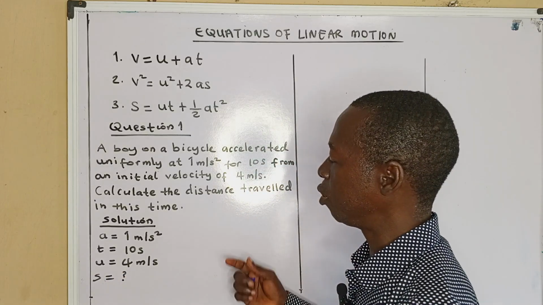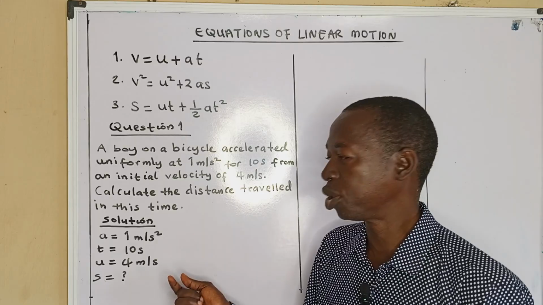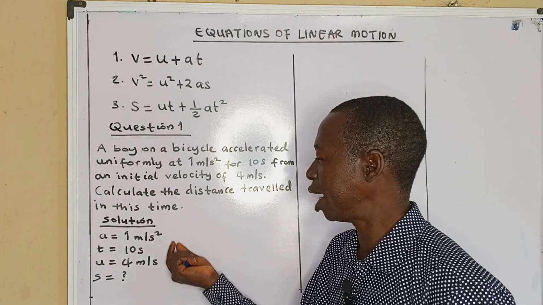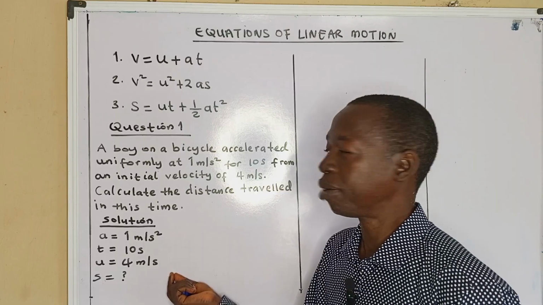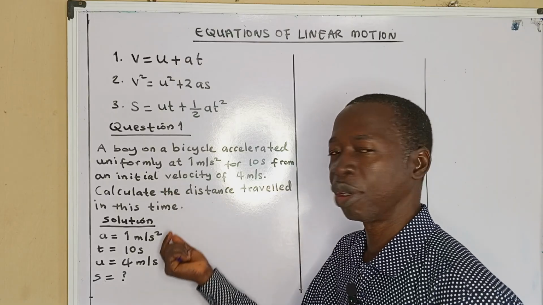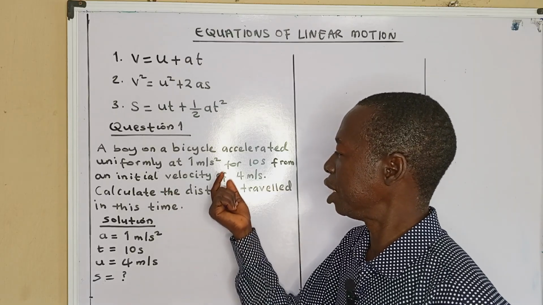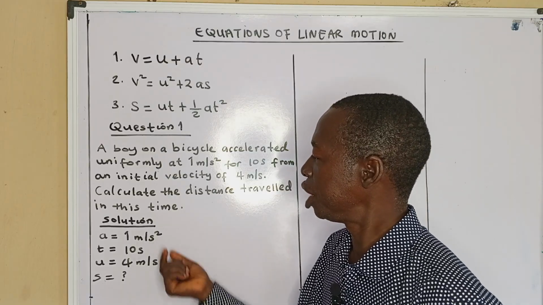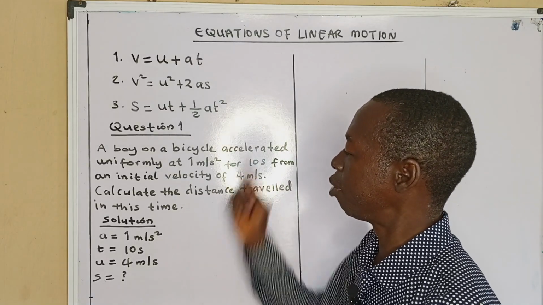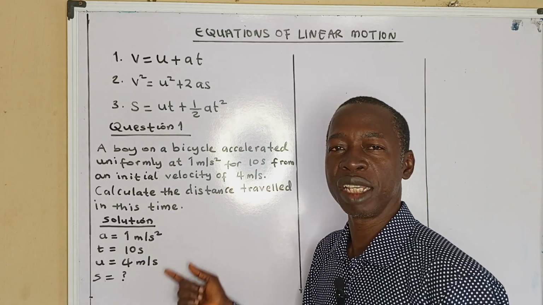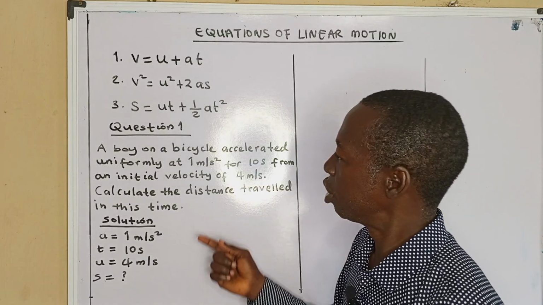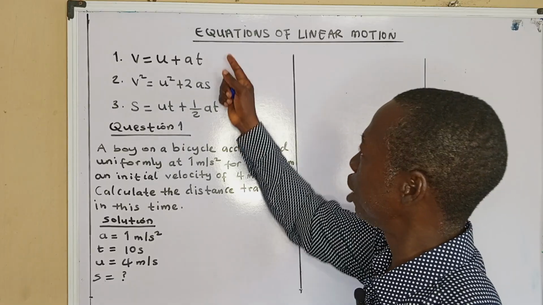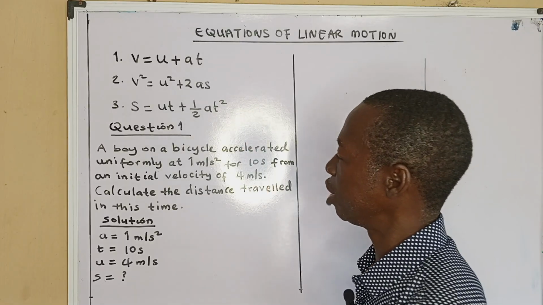Now I always advise my students to start by itemizing the values, by extracting the values from the question. It makes it easy for you to know which formula you are going to apply based on the given values. So what I'm now going to do is to look at each of these three equations of linear motion.